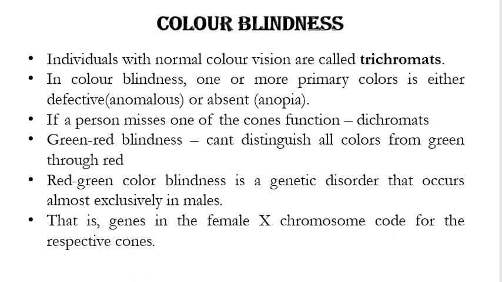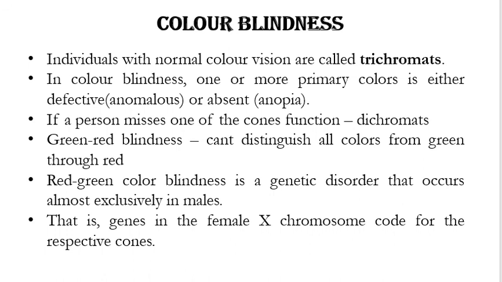They have all three. In color blindness, we have one or more of these primary colors defective or absent. Absent is anopia, defective is anomalous. If a person misses one of these cones, they are called dichromates because they only have two.